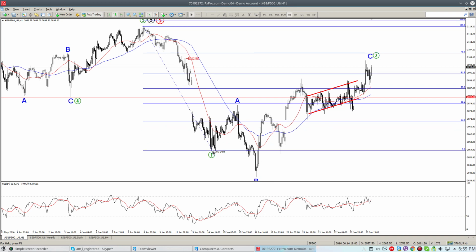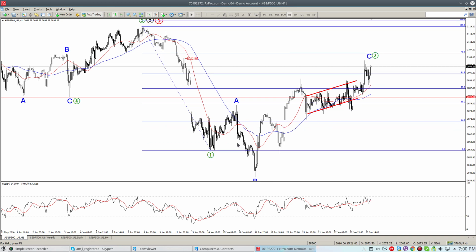If I drag this here, because as I said in my previous video, this could be wave 1 and then ABC, but this could also be wave 1 here and then have another correction here. So in both cases, those levels here are important in terms of Fibonacci numbers.